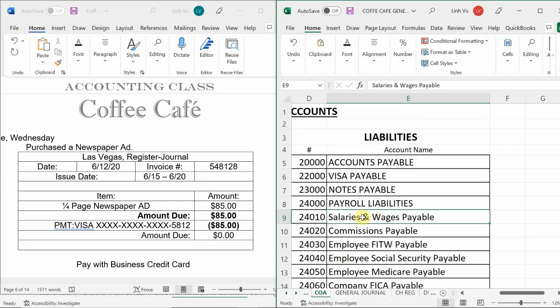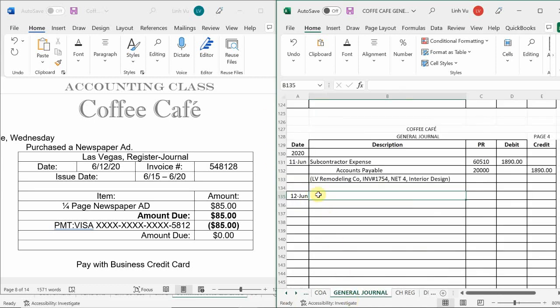It's a liability, right? Because this isn't our money. This is the money that National Bank Visa Gold decided to give us. It's Visa payable, which would be 22,000.